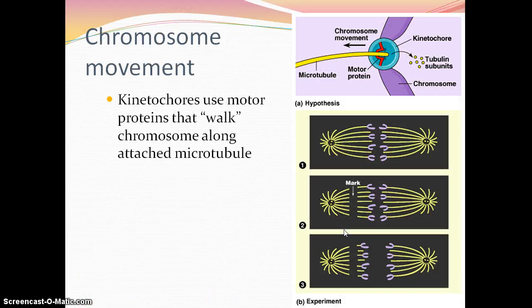And this is just a picture. Some studies were done to show this movement and how it occurs. So you can see here the depiction of a motor protein and how that is using the microtubule to walk along and pull the chromosome along. So the purple is the chromosome there on the top.